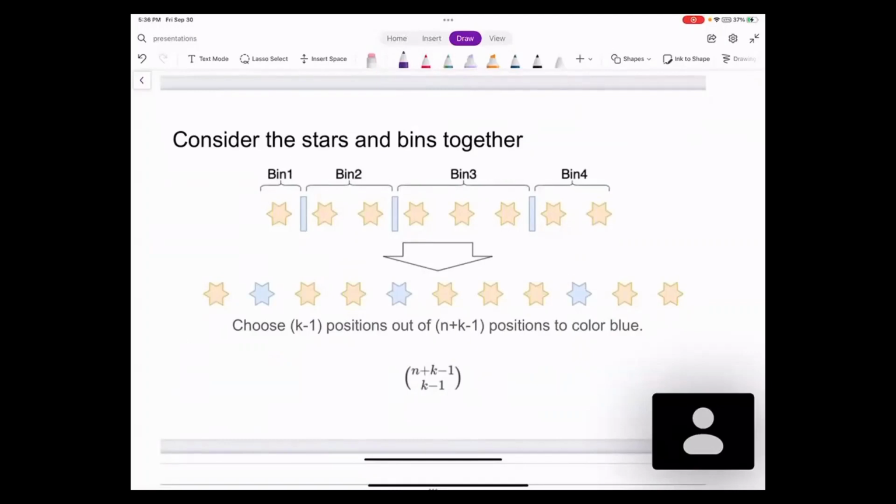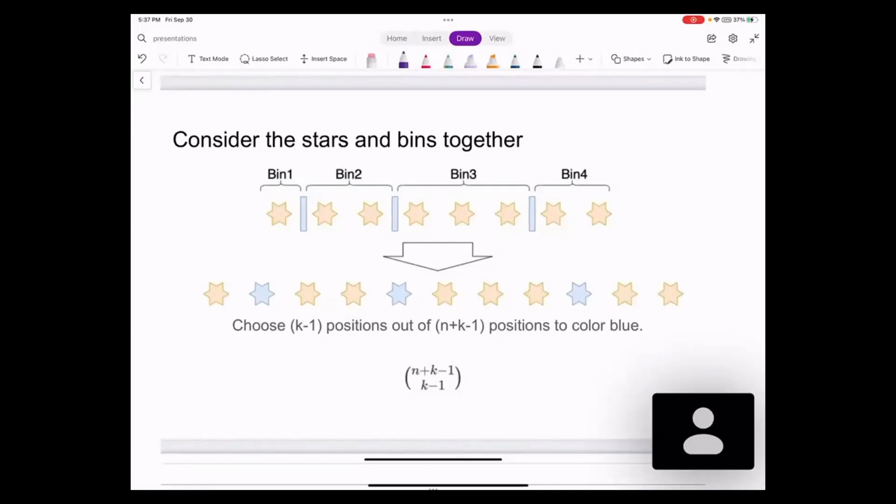The number of ways we can place these 3 bars is found by adding together the number of bars and the number of stars, and finding the number of ways that we can choose the bars out of the total. So in this case, with 8 stars and 4 bins, we add together 8 plus 4 minus 1 and choose 4 minus 1.